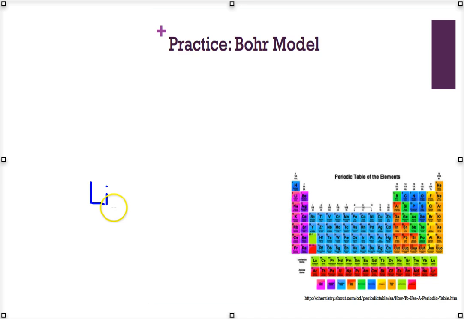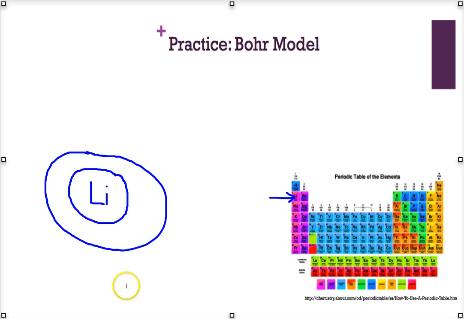All right, so this is the chemical symbol for lithium. And lithium is in period 2. That means it has 2 energy levels. So we're going to go ahead and draw our first energy level, and we're going to draw our second energy level.